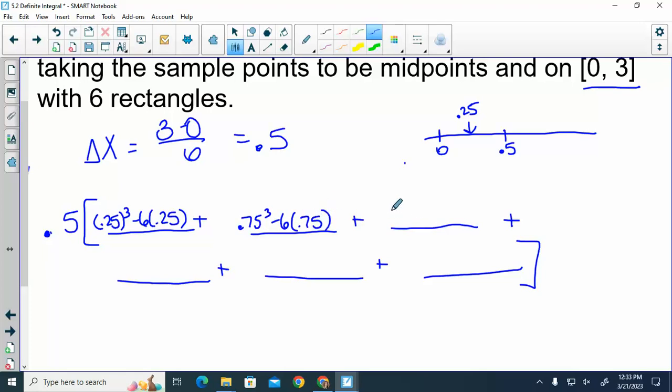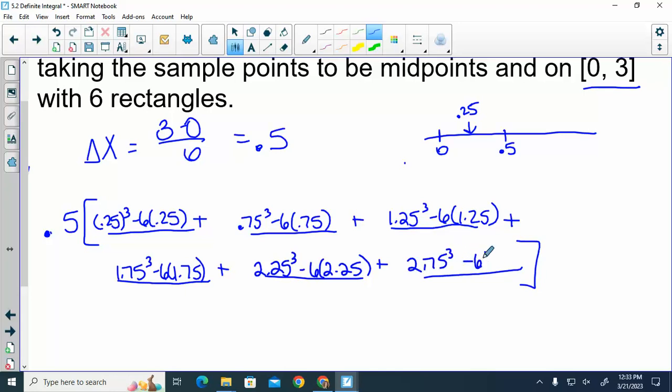So the next one I plug in 0.75. Add 0.5, so we get 1.25. 1.75. 2.25. And 2.75.